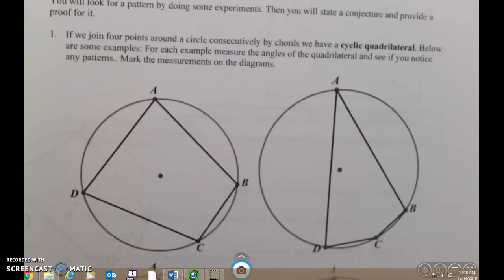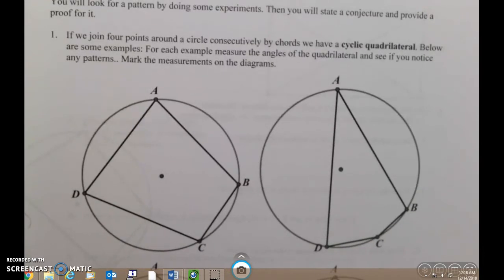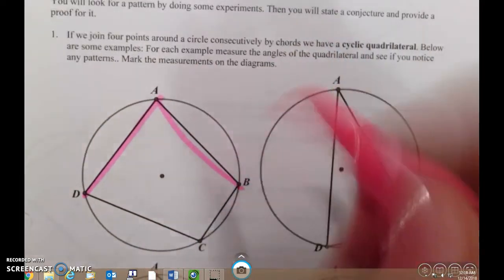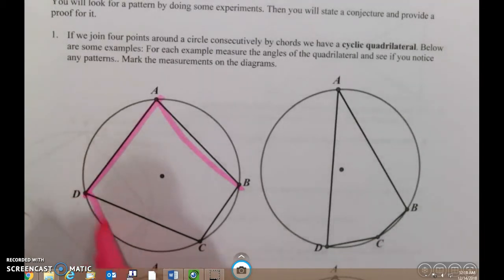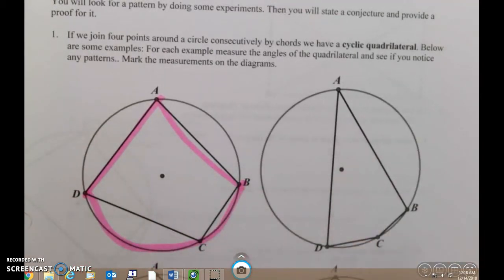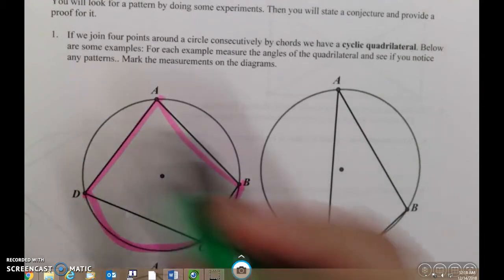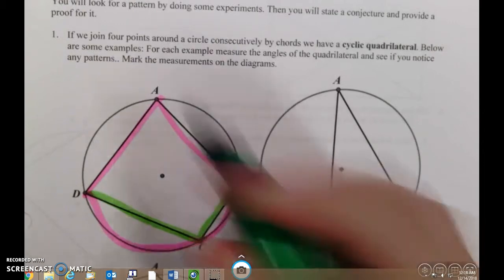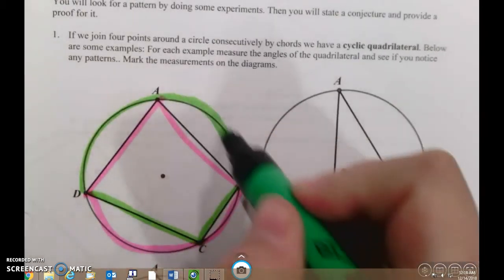And the big idea with this is, let's say for example I look at angle A here, and that intercepts this arc DB. And if I look at angle C, which is across from angle A, that intercepts this arc up here.